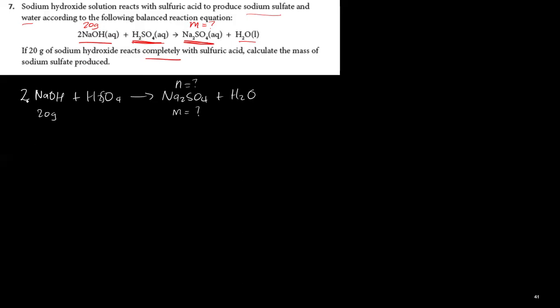Right. So firstly, we're going to determine the number of moles of sodium hydroxide. That's what we're going to do. To get the number of moles of sodium hydroxide, we're going to use the equation mass divided by the molar mass.